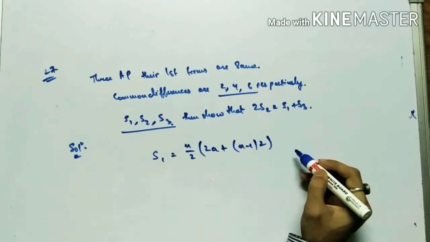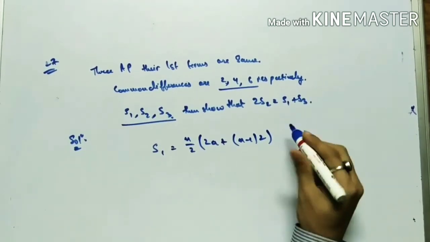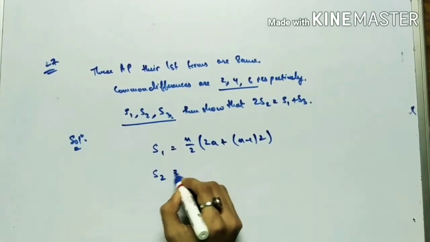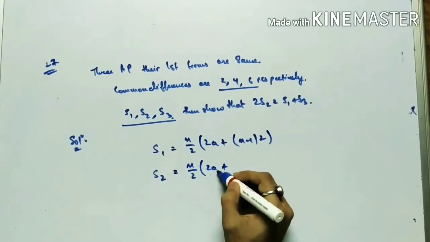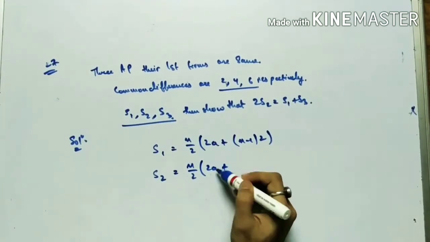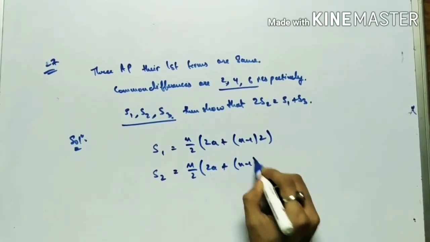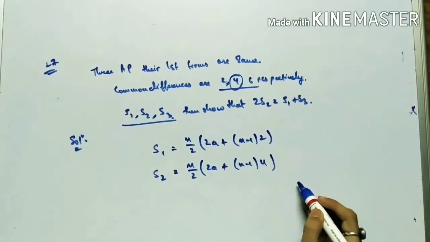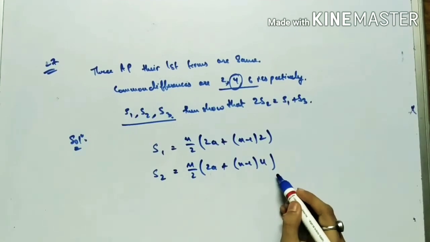Next again S2 is n by 2 into (2a, because the first term is the same, so 2a only, plus (n minus 1) times the common difference, which is 4). This is the sum of n terms.